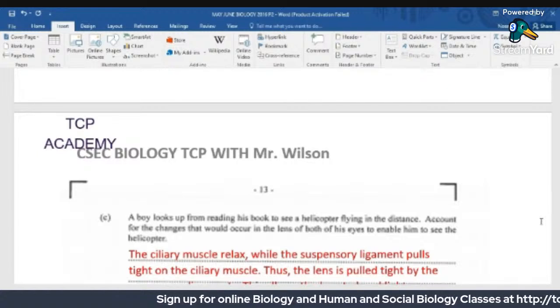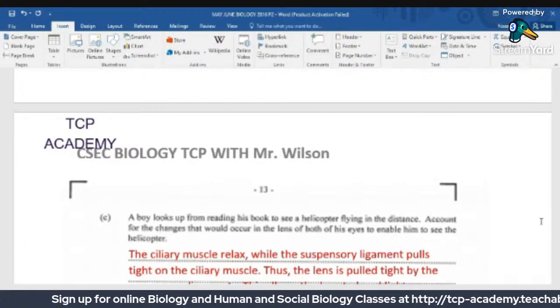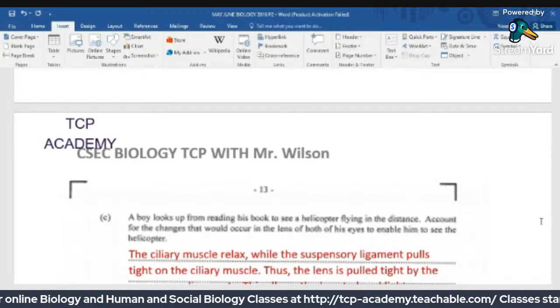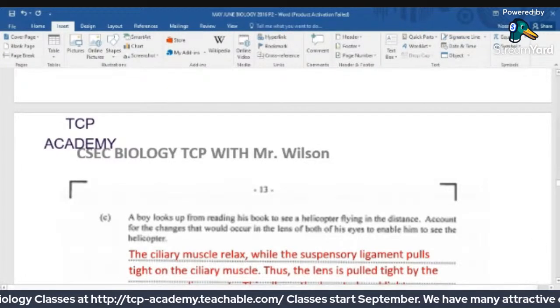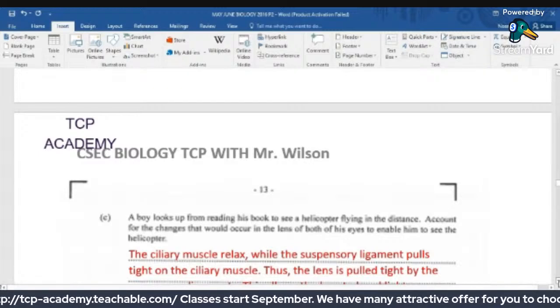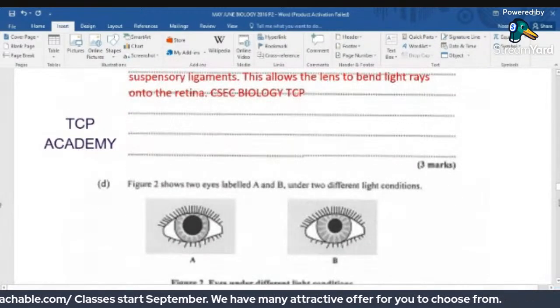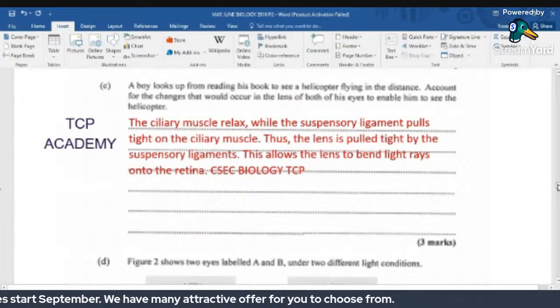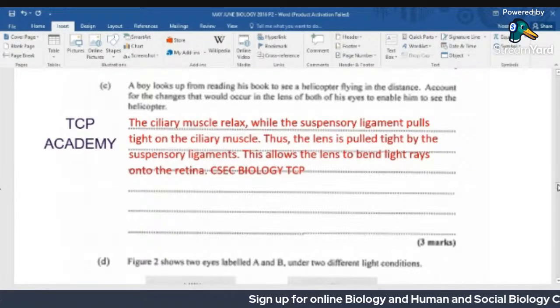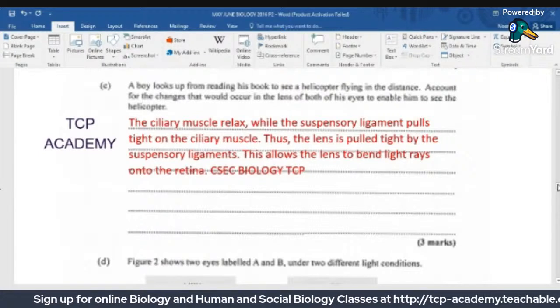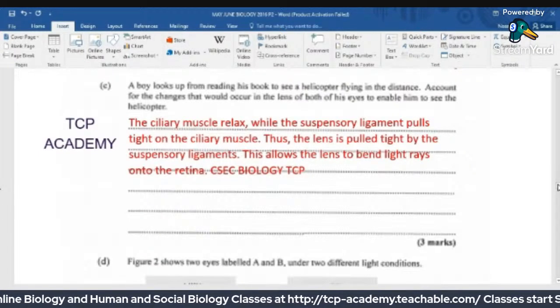The ciliary muscle will relax while the suspensory ligament will pull tight. Thus, the lens is pulled tight by the suspensory ligament. This will allow the lens to bend light rays onto the retina. So this is what he's going to do in adjusting from seeing a near object to seeing a distant object.